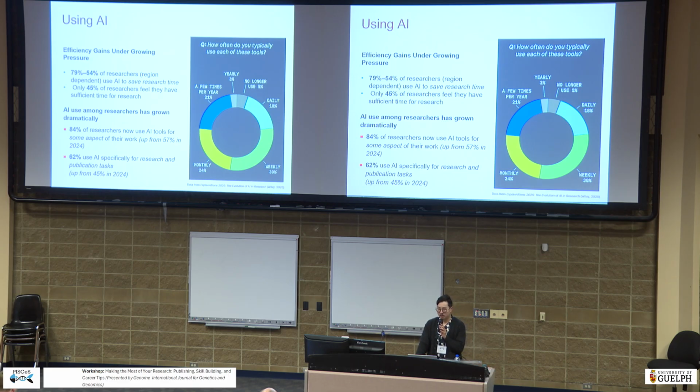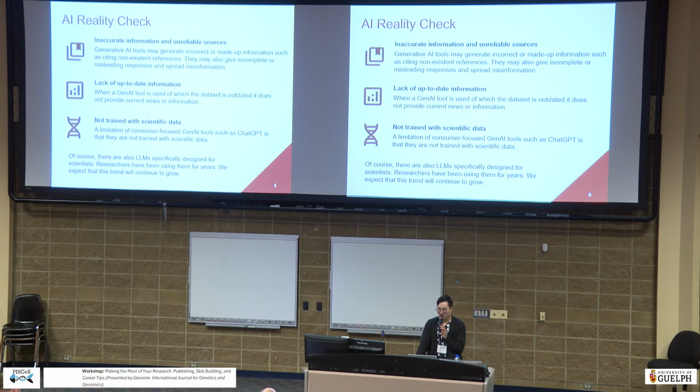AI can often be a very good tool, but just a quick warning, a quick AI reality check. AI does come with flaws, right? It's not always providing you with the most accurate information. It can create unreliable sources if you're relying on it to help you with citation formatting, generating and finding reliable sources, things like that. It's also not always up to date in terms of information that it can provide for you, so that's something to keep an eye out for.